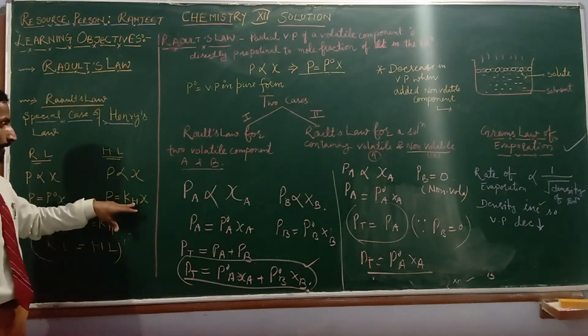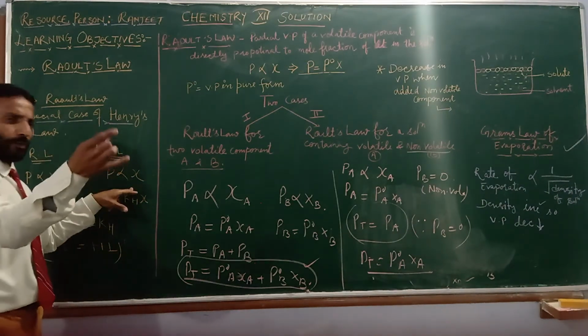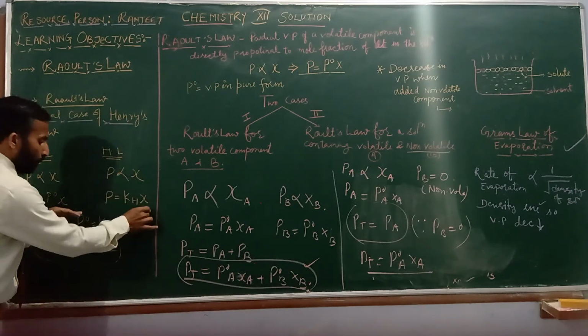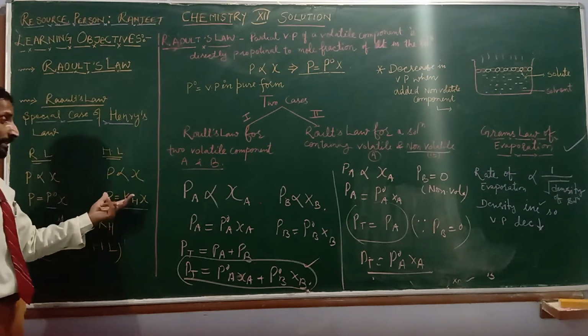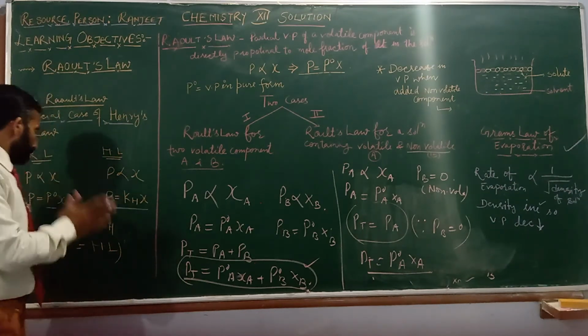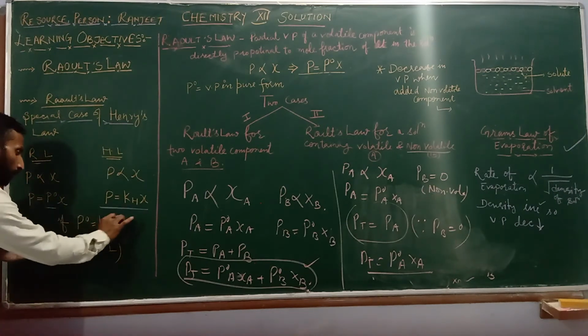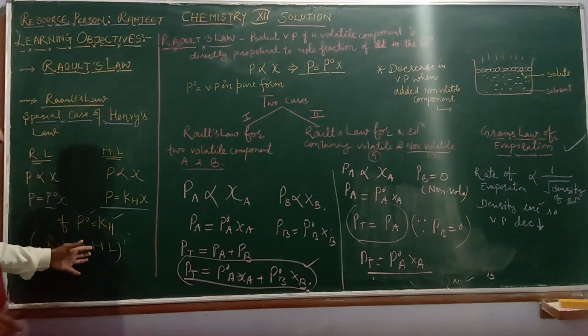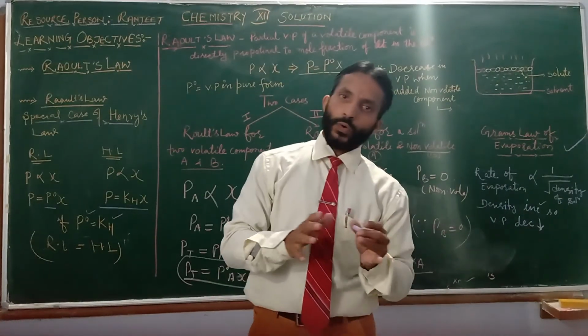In the case of Henry's law the same is there, partial vapor pressure is directly proportional to mole fraction, but the constant we use is KH. Here we are using P naught, the vapor pressure in pure form, which is a constant. Given by Henry, if both are equal, then Raoult's law becomes a special case of Henry's law.